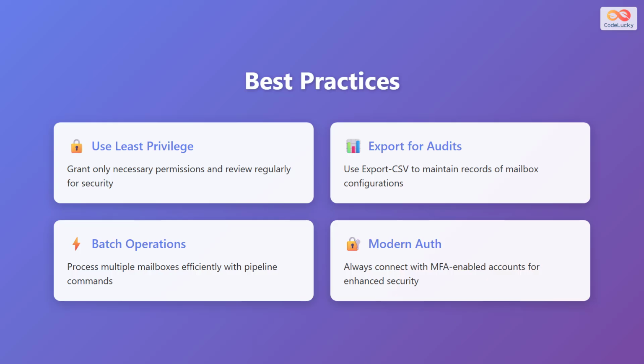Third, leverage batch operations by processing multiple mailboxes efficiently with pipeline commands, which significantly reduces administrative time. Finally, always connect using modern authentication with MFA-enabled accounts for enhanced security. These practices help you maintain a secure, compliant, and well-managed Exchange Online environment.